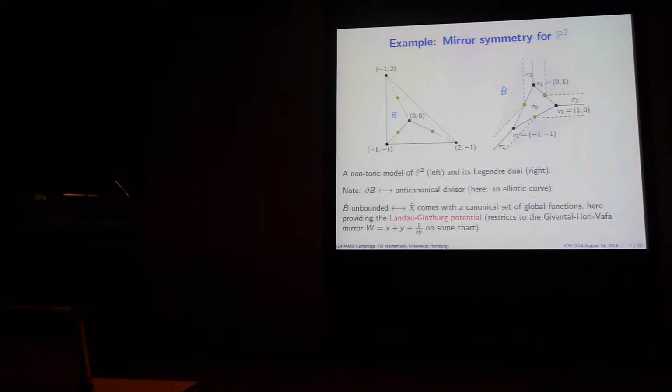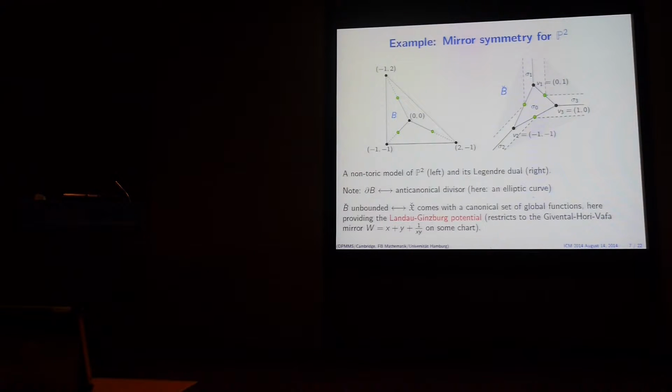That's a central fiber, so it will give a degeneration of P2 into a union of three weighted P2s. And the general fiber is not just P2 with a union of three lines. I should note that the boundary of your picture gives a divisor in your family, and it's an anti-canonical divisor of the fiber lines, or the total space.